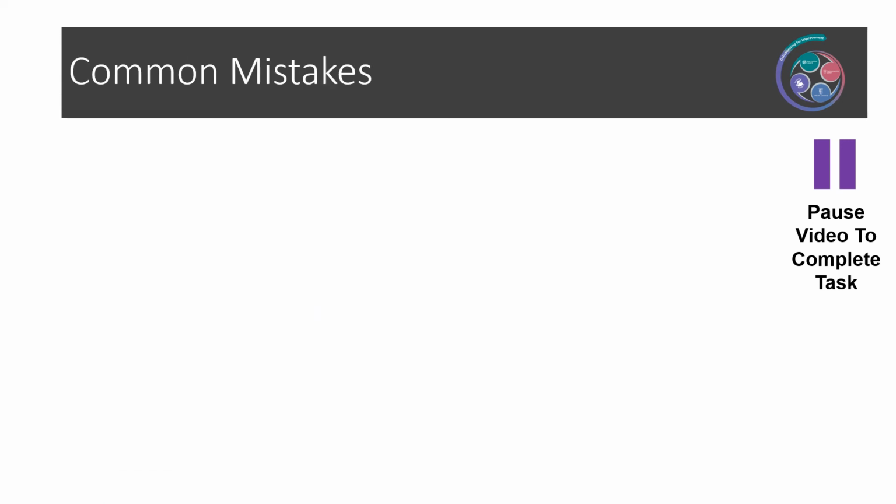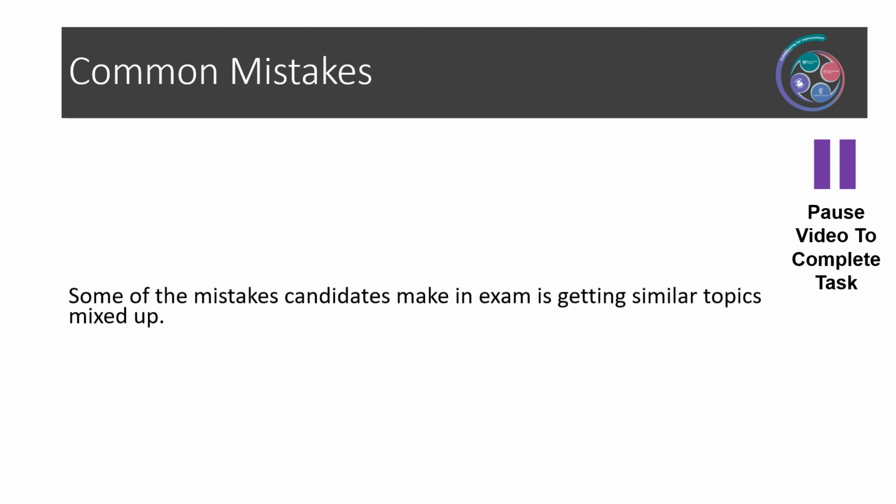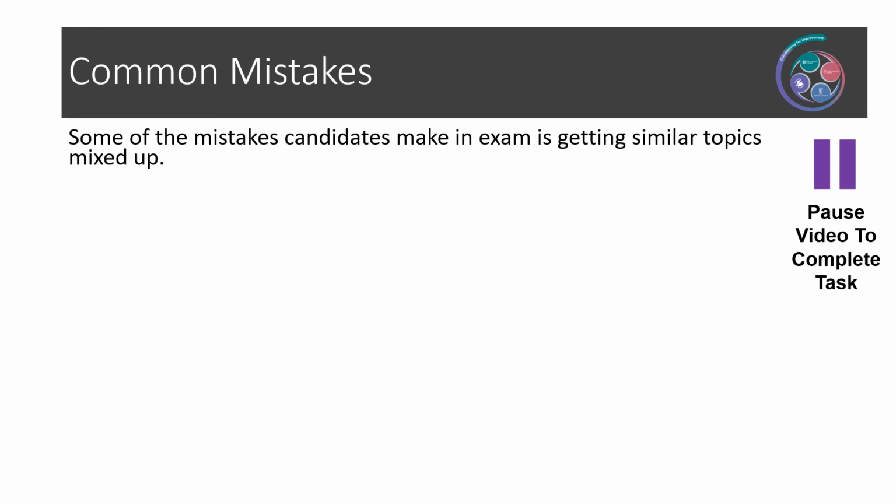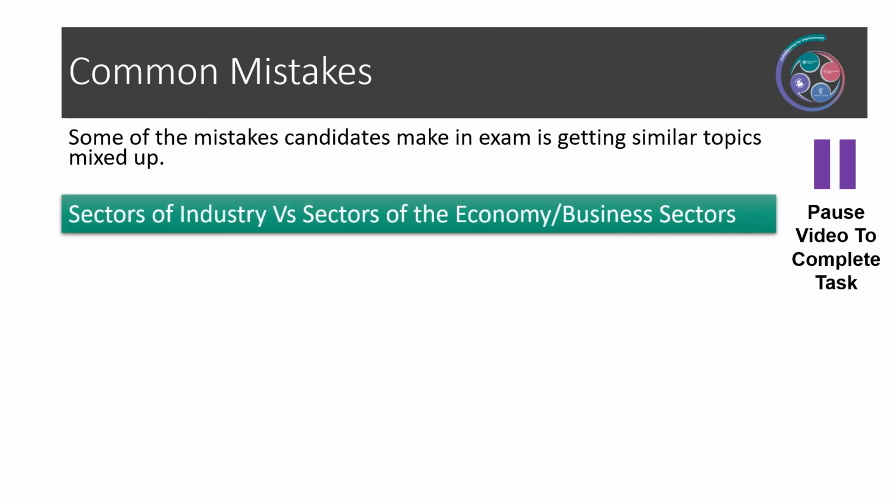Okay, and finally, I'm going to go over some common mistakes that candidates make in the exam. Some of the mistakes that candidates make is getting similar topics mixed up. And there are quite a few topics that are very similar in the names. For example, sectors of industry versus sectors of the economy.